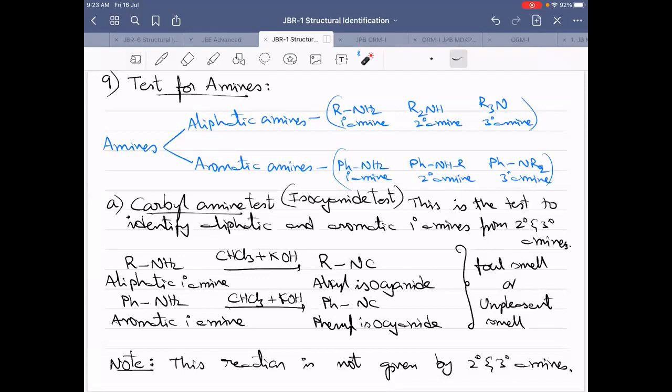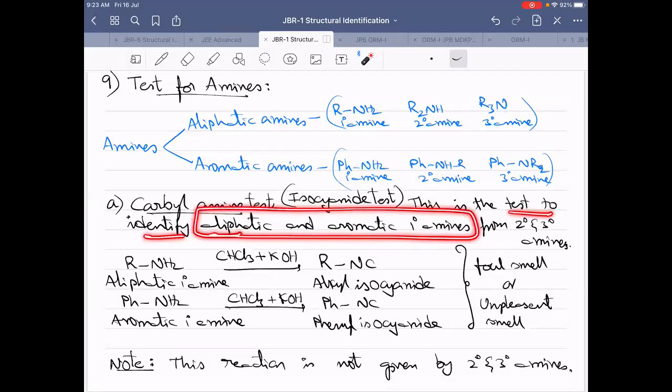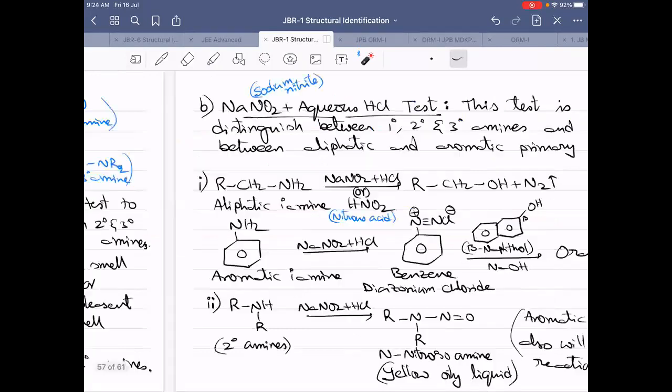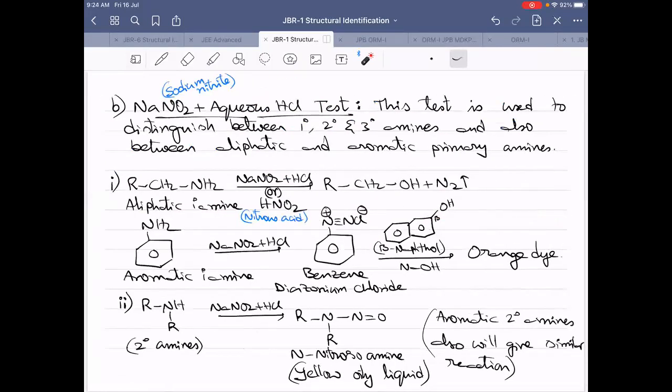This reaction is only given by first degree amines. That is what is written. What is written here? Test to identify aliphatic and aromatic primary amines. The next second reaction is a reaction with sodium nitrite and aqueous HCl.